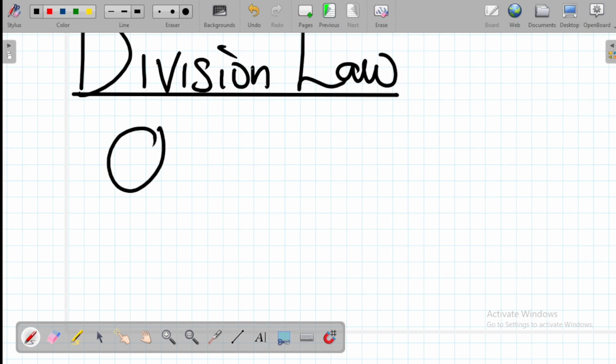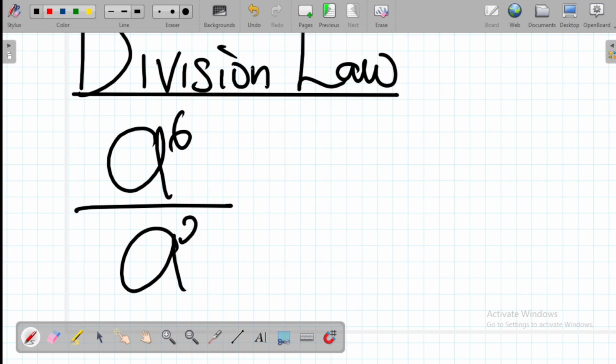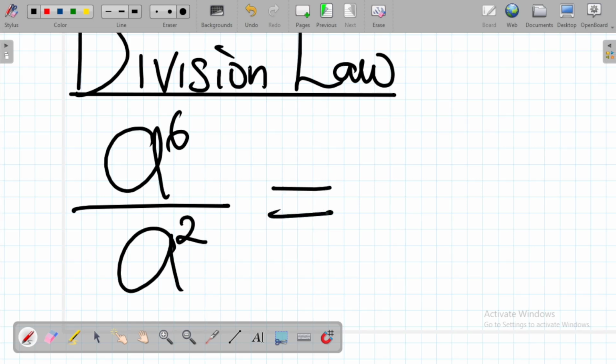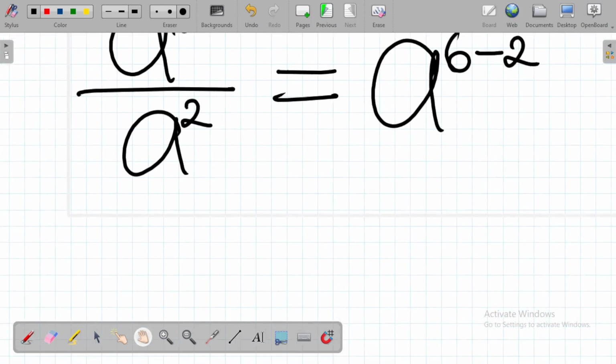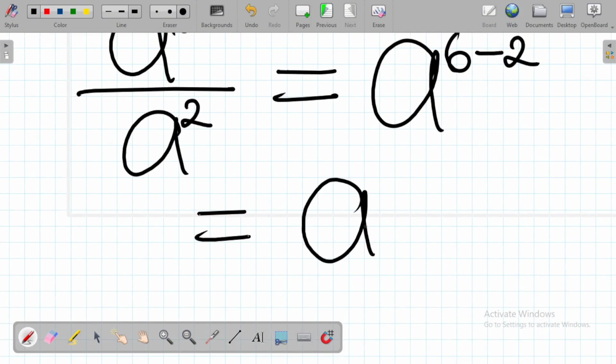So if we have a raised to power 6 all over a raised to power 2, our answer becomes a. So we'll subtract the powers. So we have 6 minus 2. So our answer becomes a raised to power 6 minus 2, which is 4. So this is our answer.